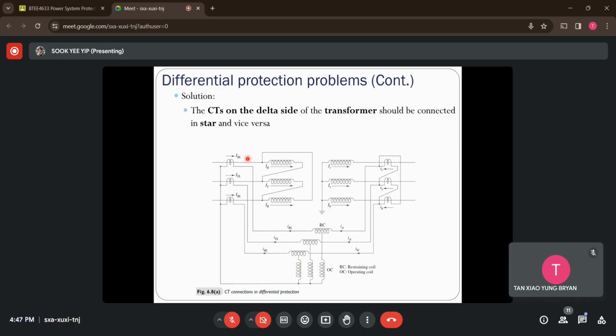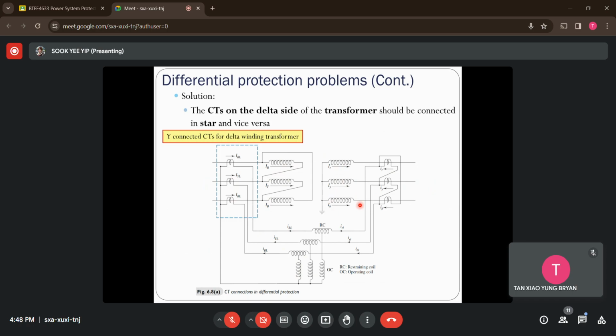So how can I actually solve the phase shift difference between different connections at both sides? I can compensate by having the proper connections of these three-phase current transformers. In this case, the delta connected primary side, the current transformers that we use to measure the current have to be connected in Y connection, which is counter to the transformer connection.